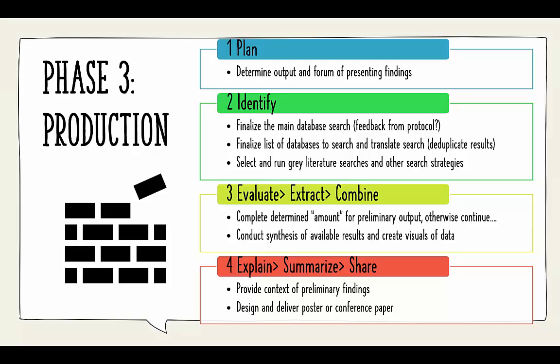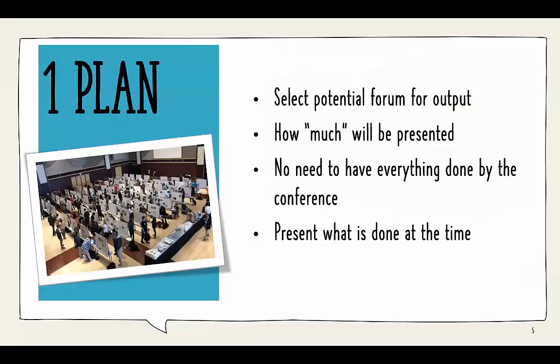It's finalizing that main database. Maybe you're getting some feedback from the protocol if that was published or sent out. Really finalizing that list, translating the searches, all of those things. We're not really going to talk very much about steps 3 and 4. I think I maybe have 2 slides at the end, just a little bit about guidance that you could give.